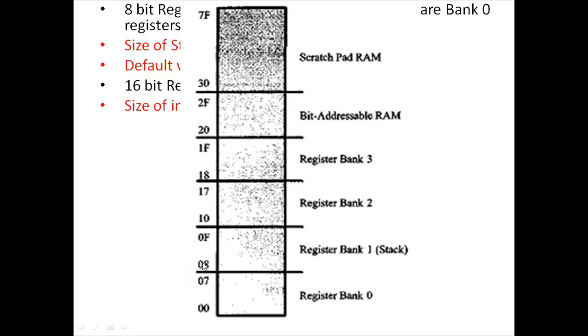So automatically on push operation, it will enter register bank 1. And why have we done that? Because when we do pop operation, your stack pointer gets decremented. So if we use bank 0 as stack memory, it will go below 00 where I have no location. To avoid that, the manufacturers have kept bank 1 as the stack memory.